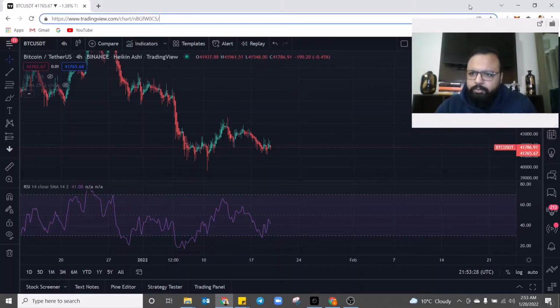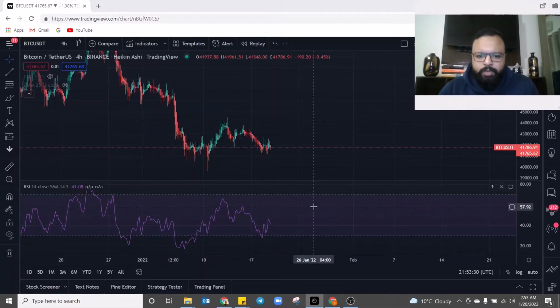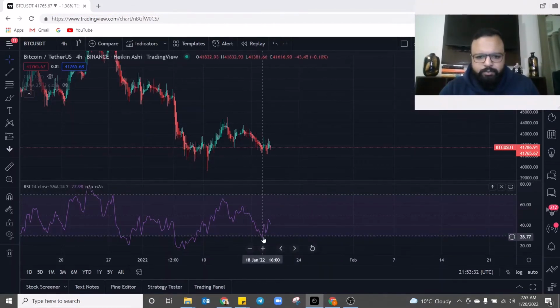Right, so moving on. How do we identify key support and resistance levels? First of all, we're just going to find out when this line is crossing the 30 mark from bottom to top. And as you can see, it is right here and the corresponding price comes at here.